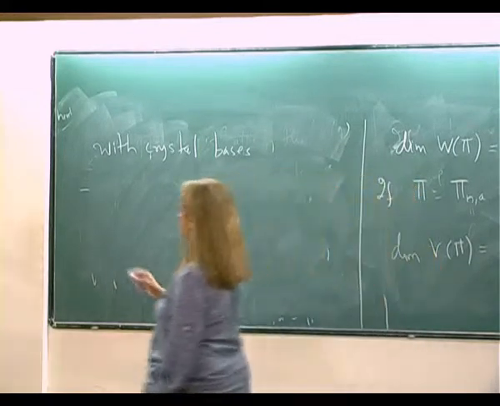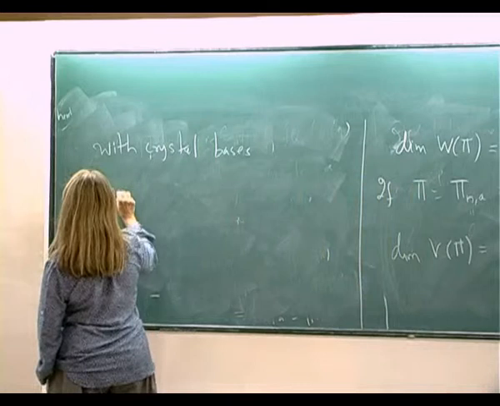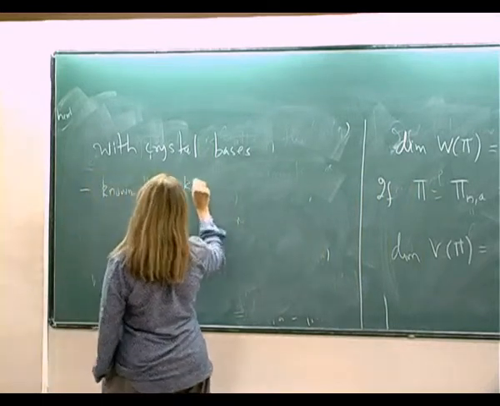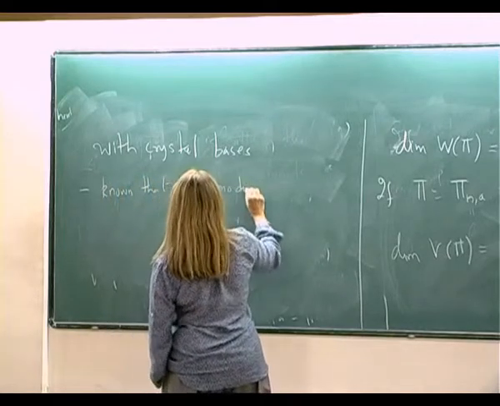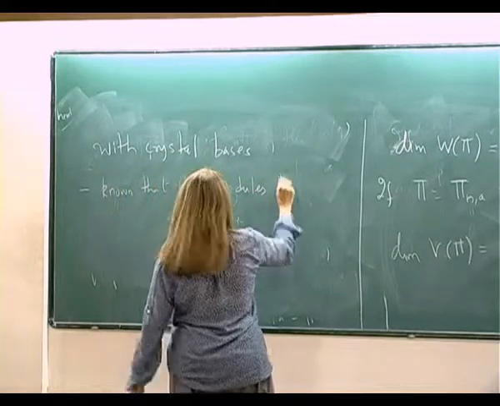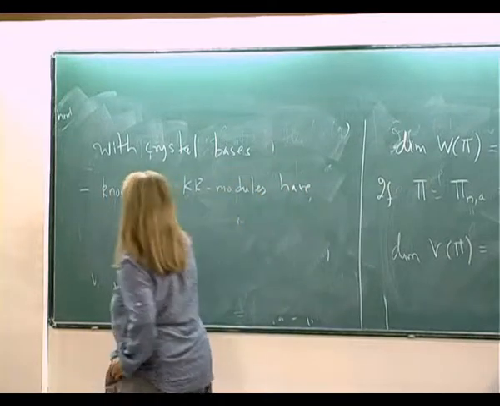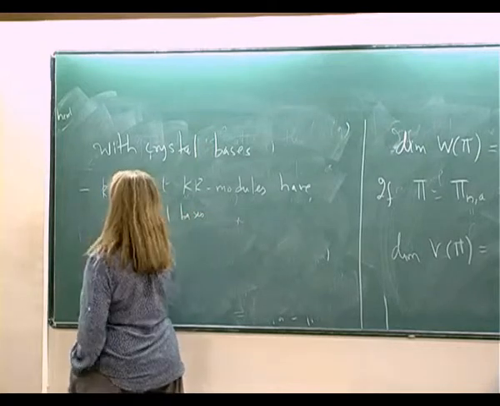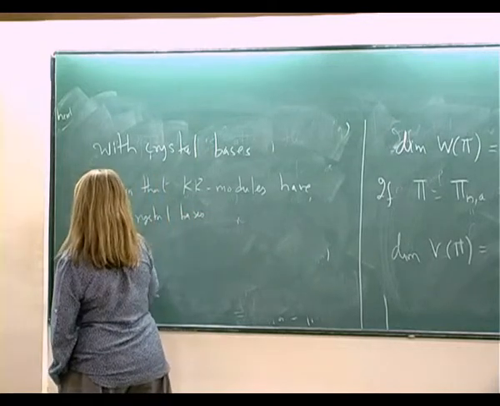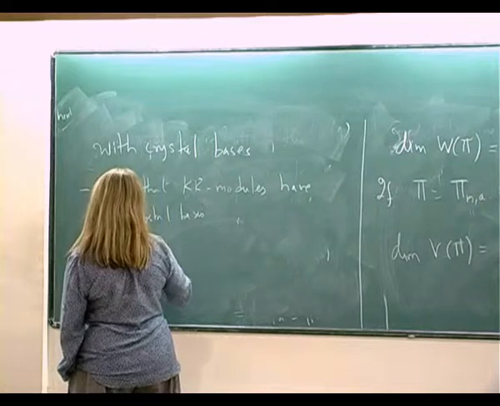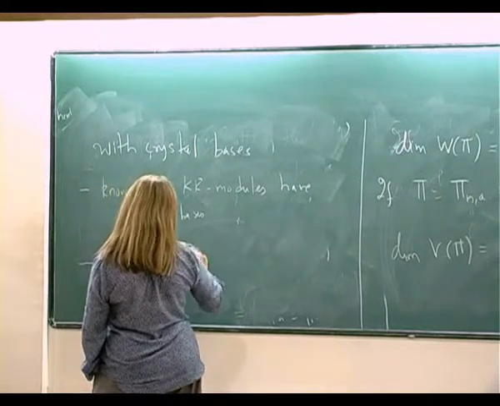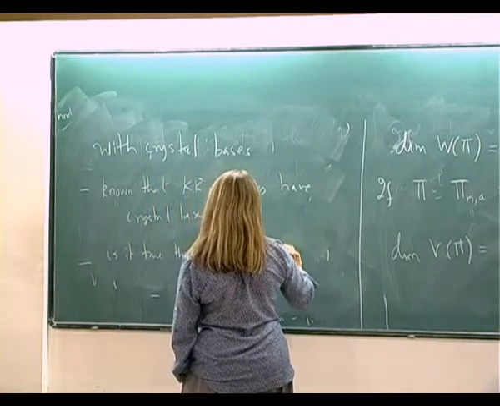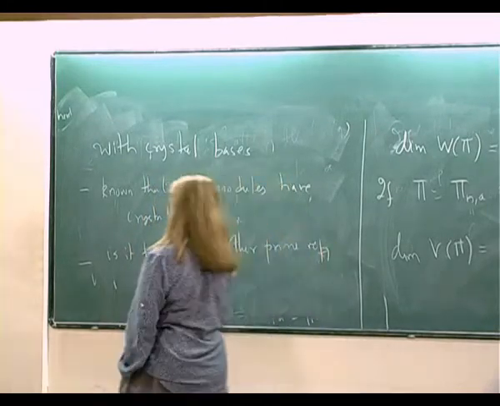Okay. So it's known that Kirillov-Reshetikhin modules have crystal basis or canonical basis. So only a part of Kashiwara's conjecture is known. So what one needs to know is, is it true that no other prime representation has a crystal basis?